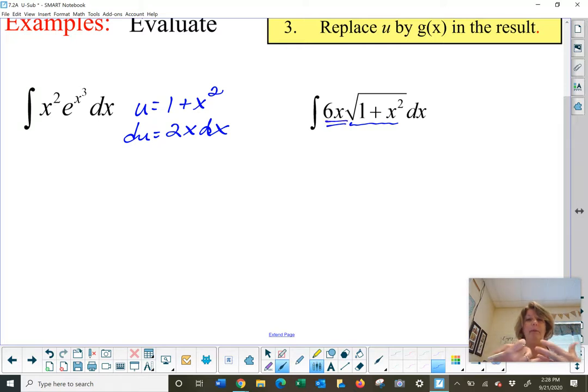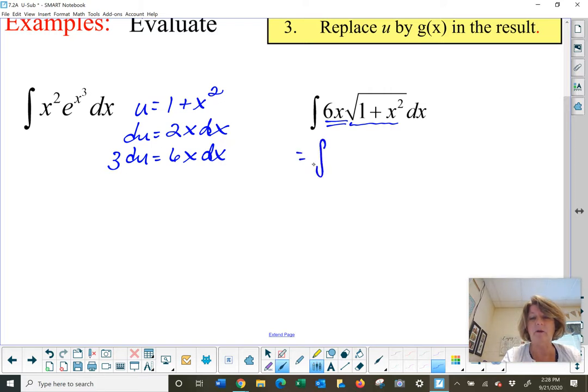I think I'm going to go ahead and make it match. I'm going to multiply both sides by 3 because it's easy to do on this one. So I get 3 du equals 6x dx. Now I'm ready to come over and start substituting values. 6x dx is equal to a 3 du. So 3 du. I've taken care of those two terms.